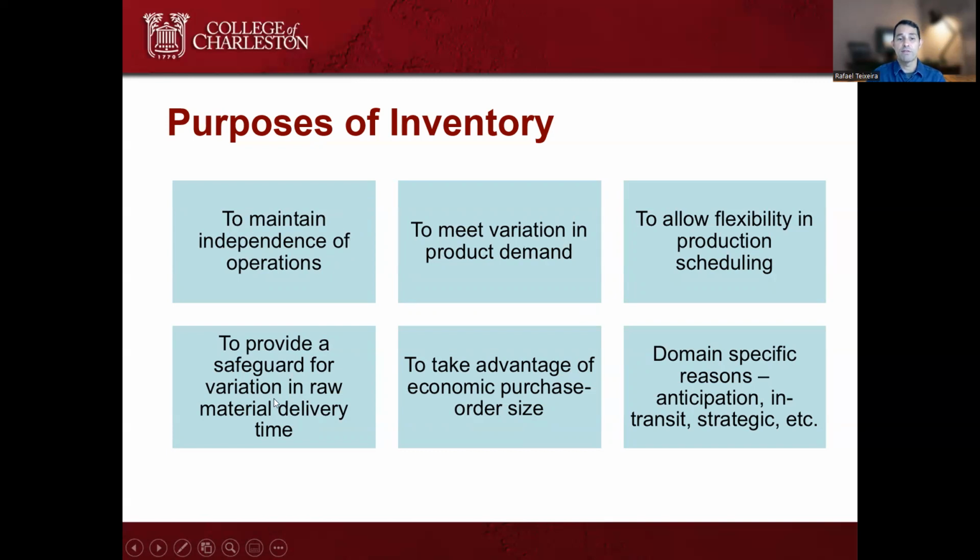To provide a safeguard for variation in raw material delivery time. Also, what can happen is sometimes one supplier may delay the delivery for many reasons. We had, in this case, that's very present now, the war in Ukraine.